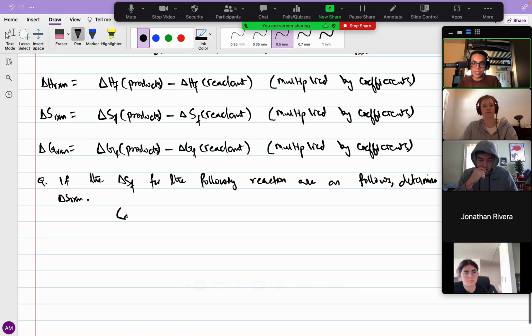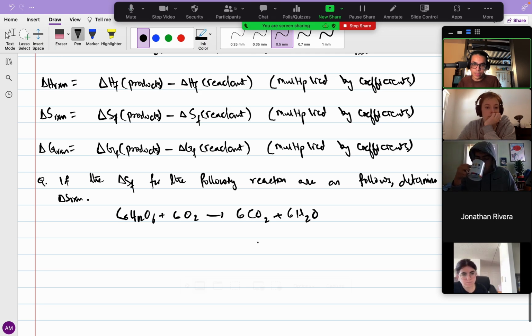And same reaction, C6H12O6 plus 6O2 gives 6CO2 plus 6H2O. And here are the values.